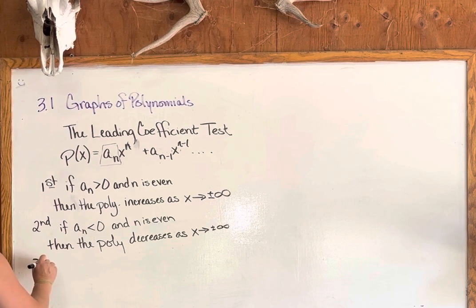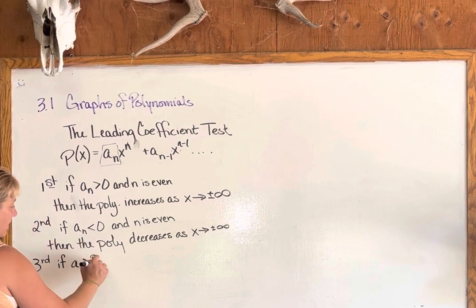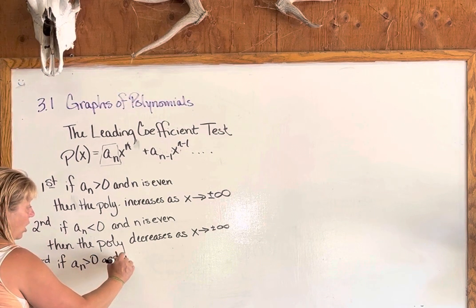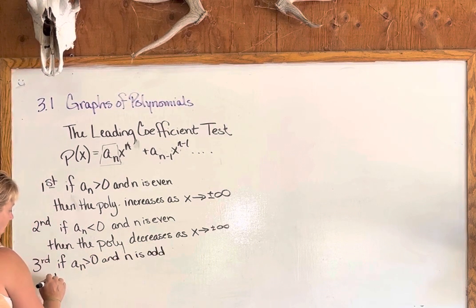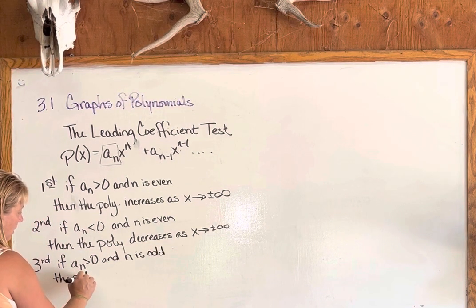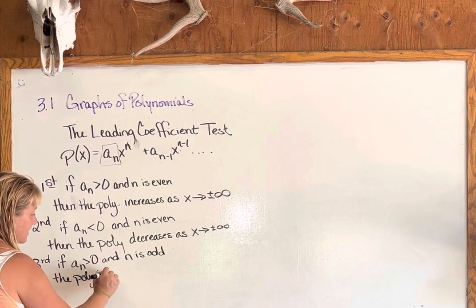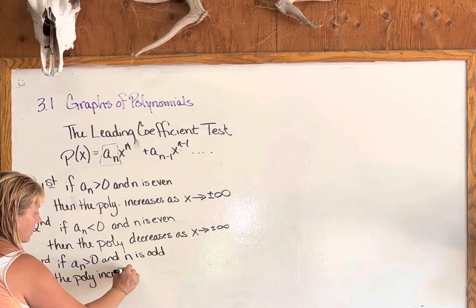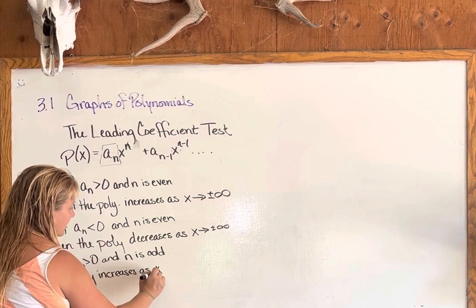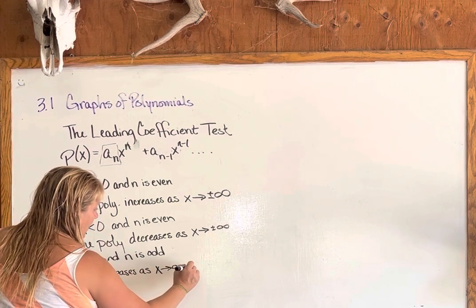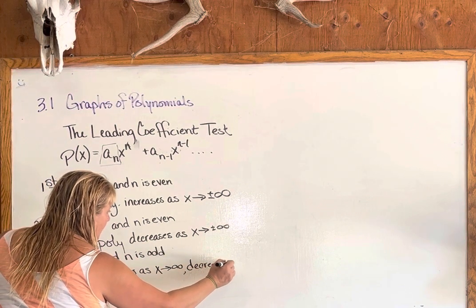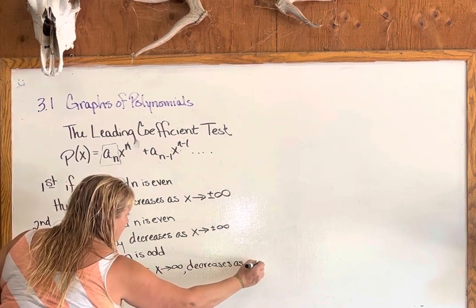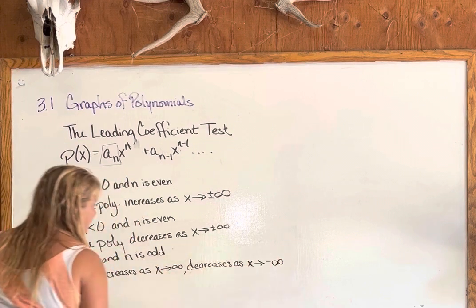Third, if a sub n is greater than 0 and n is odd, the polynomial increases as x approaches infinity and decreases as x approaches negative infinity.